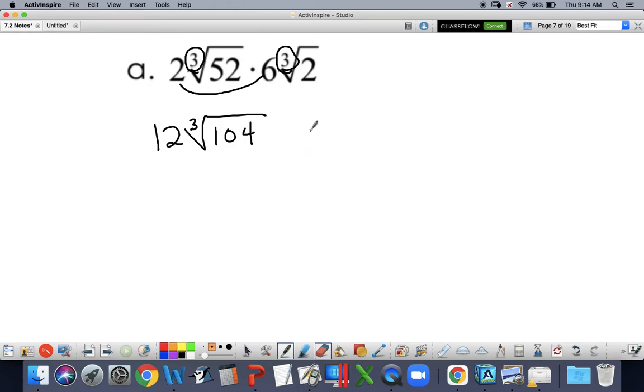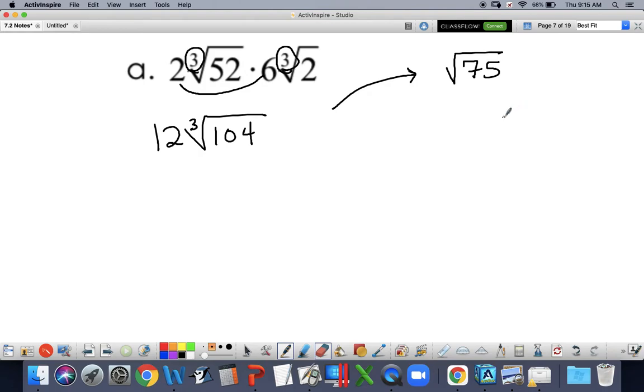Now, when it starts to get a little more complicated, I have to ask myself, can this be simplified? So let's come back. I'm going to do a separate problem just to remind us of how we simplify radicals. How do I simplify the square root of, let's say, 75?